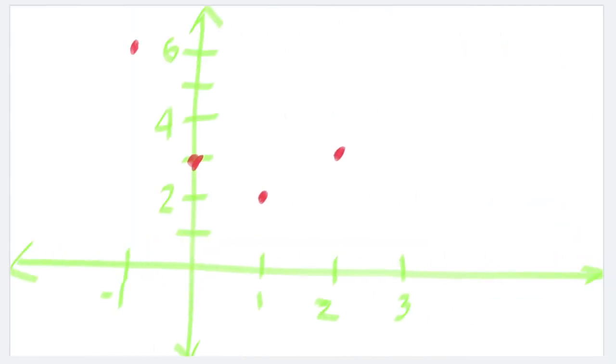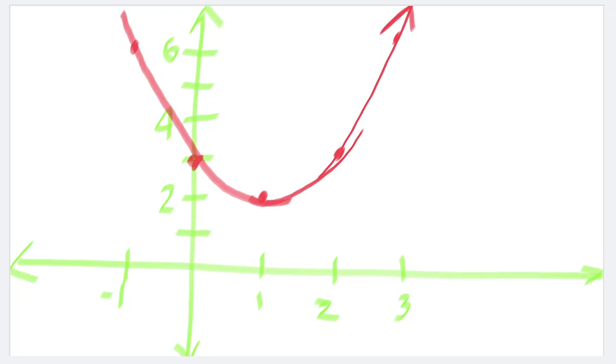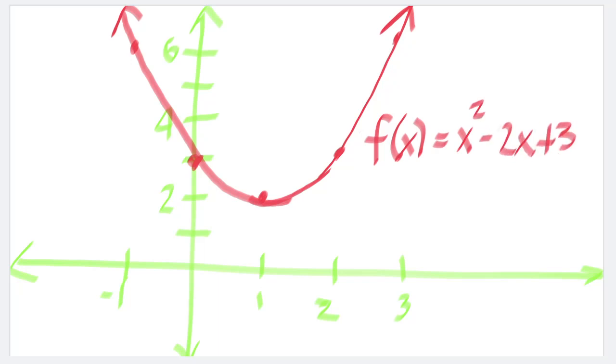So by these 5 points we can draw our parabola, a second degree curve. Okay, so this one is f of x is equal to x squared minus 2x plus 3. So this is our parabola.